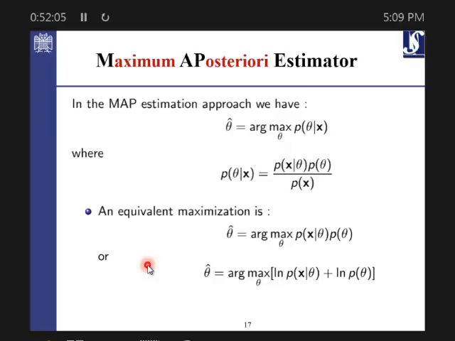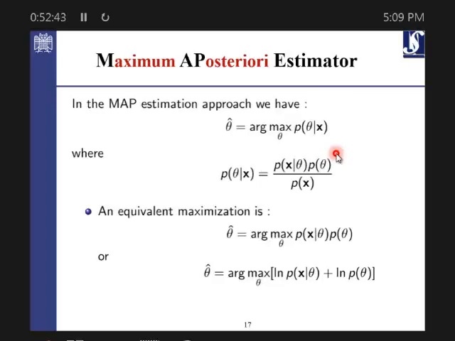And we know that the posterior can be written in the form of Bayes formulation as the multiplication of likelihood times prior normalized by the evidence. And you don't need to be worried about this evidence, because here you are just getting the maximum and you have observed x, so p of x is a constant, you can just ignore it. Maximization of this is equal to maximizing the numerator.